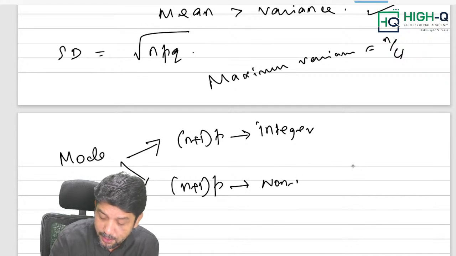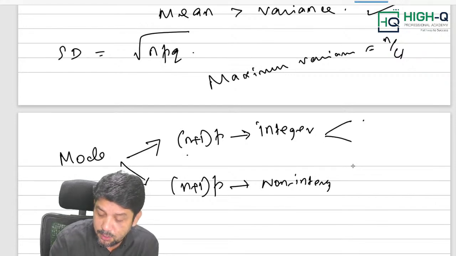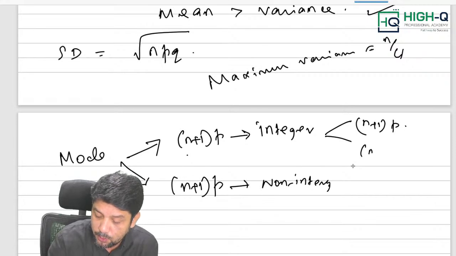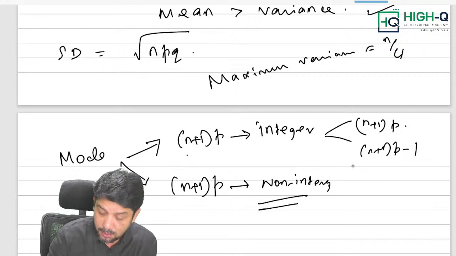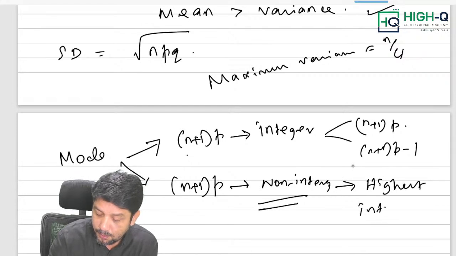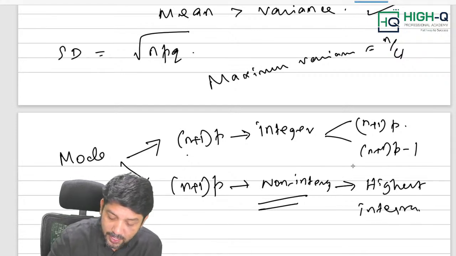What is meant by non-integer? Decimal number. If it is an integer, it is bimodal, there are two modes. One is (n plus 1) into p, and the other one is (n plus 1) into p minus 1. When it comes to non-integer, it is unimodal, and the mode is the highest integral value of (n plus 1) into p.